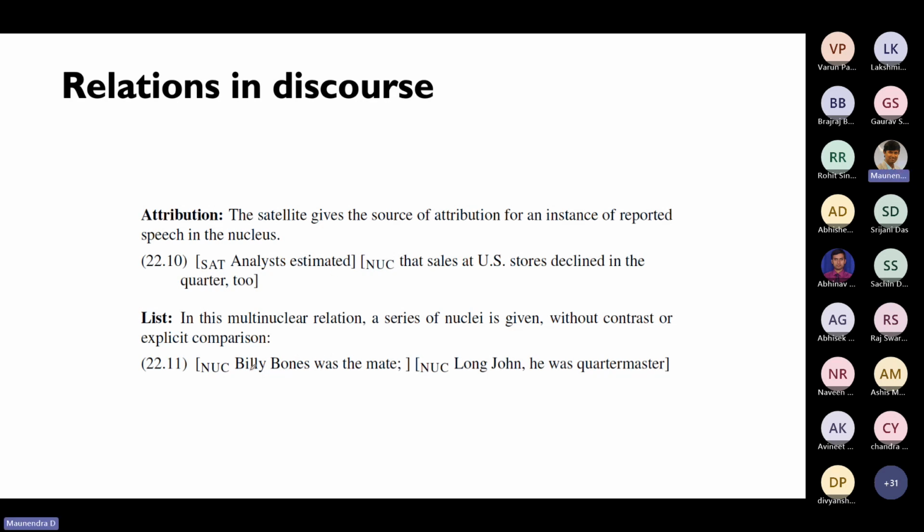Now the next example, again a clausal structure where we have a semicolon, which joins more independent sentences. Billy Bones was the mate; Long John, he was the quartermaster. Here, both are nucleus, both are parallel information to be shared. So this is a list.